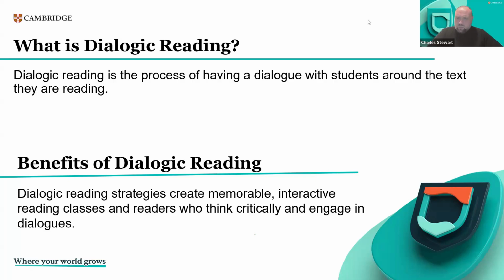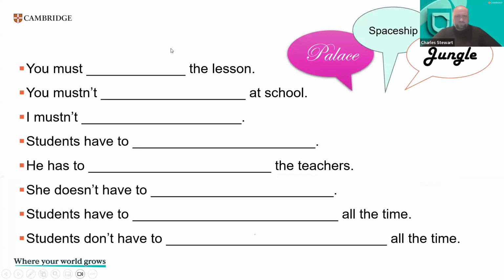It creates memorable and interactive lessons. You're engaging with the students. You're asking them questions about what they've read, but in doing so, you can very easily delve into critical thinking skills as well. So, how would I do this?